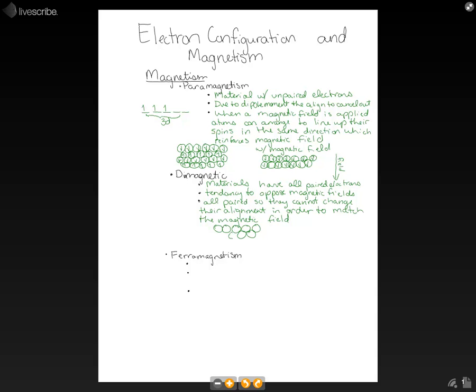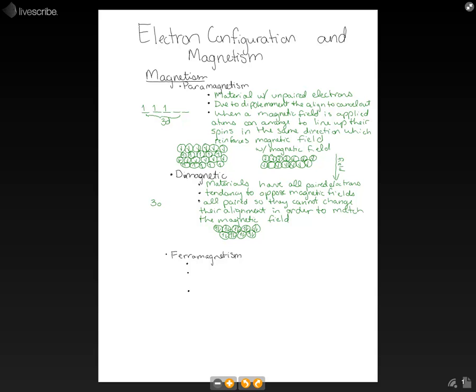So a little example we could have here, have all of these, and they have an up and a down inside the atom. So they're already magnetically neutral just as one atom alone. And no matter how you would try and rotate those ups and downs, they're all going to have to balance each other. So an electrical or magnetic field isn't going to change that.